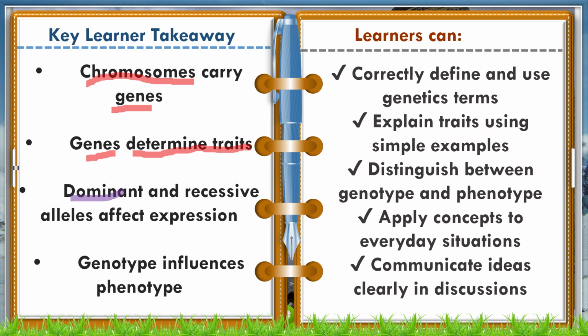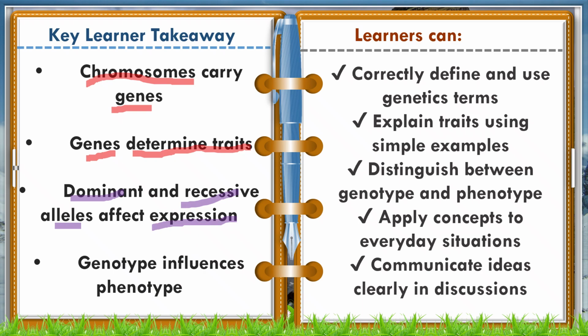Dominant and recessive alleles affect the expression. We have already said a presence of a single dominant allele results in the expression of a dominant trait, and the presence of both recessive alleles results in the expression of the recessive trait.